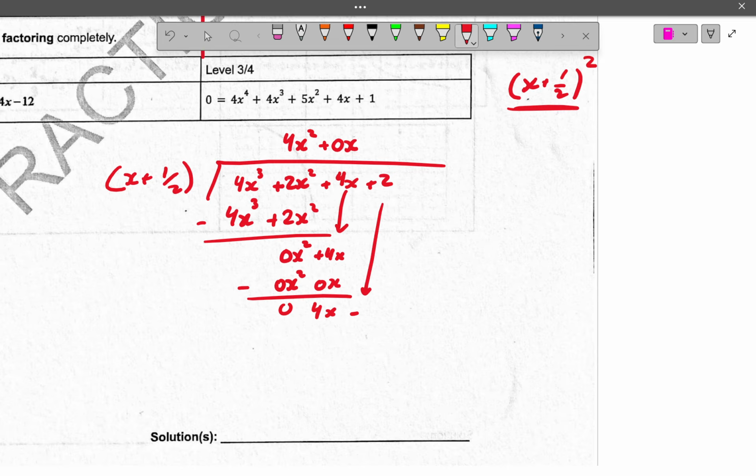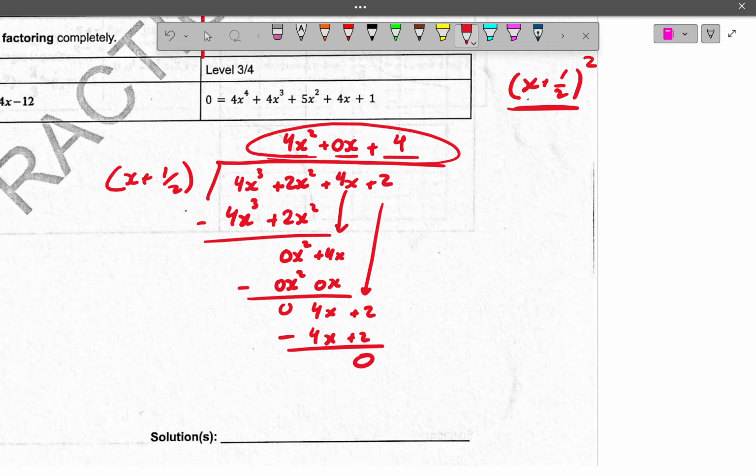And then now I'm asking myself, just because I don't want to break the rhythm of having x squared, and then we have an x term, and then we have a constant term, I just want to show that that middle term will just be 0. And then here I need to have a 4, because 4 will cancel out the 4 down here. And then 4 times a half will be 2, and again we get 0. So our last answer would be this.